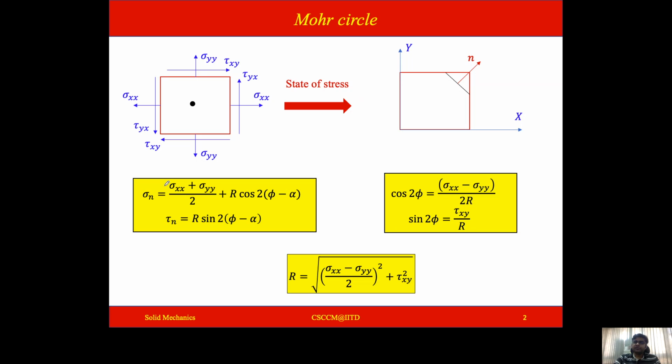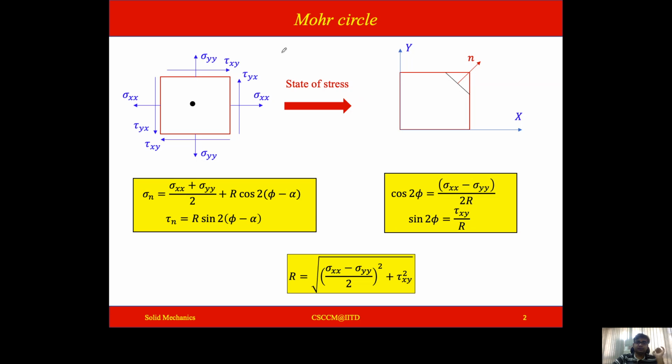And then we also discussed that Mohr circle is only applicable if one of the coordinate axes is along the principal direction.